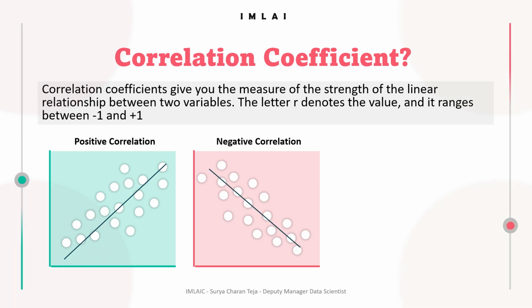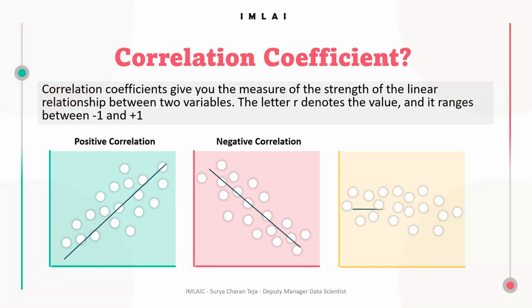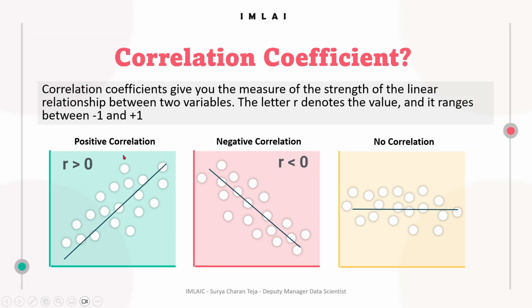If R is lesser than 0, it implies a negative correlation. If R is equal to 0, it implies no correlation. That's what. If R is greater than 0, positive correlation. If R is less than 0, negative correlation. And if R is equal to 0, it's no correlation.